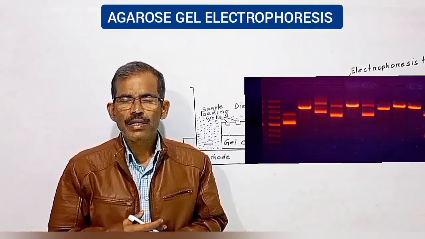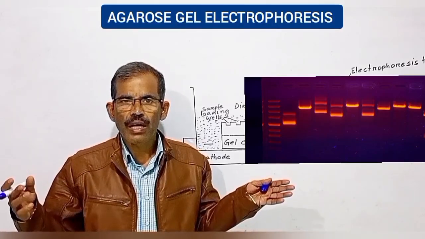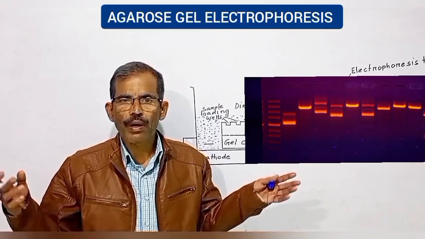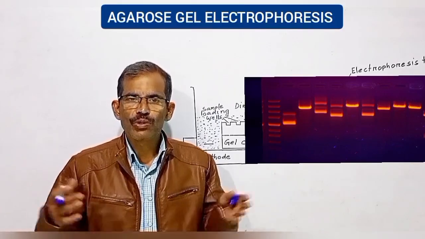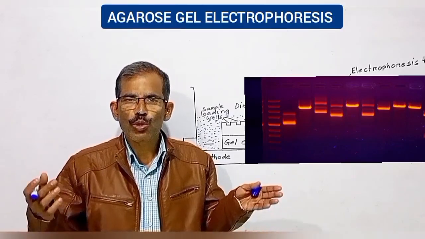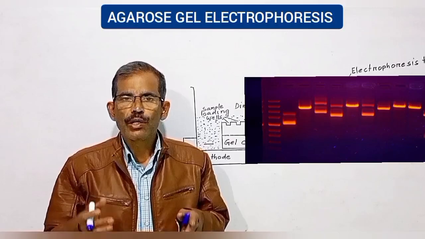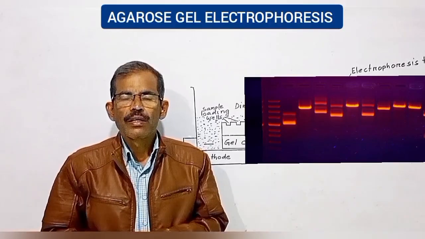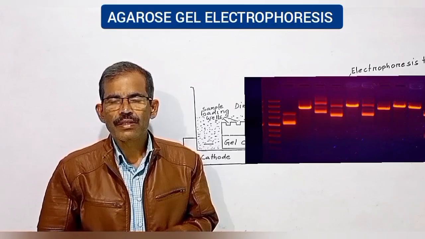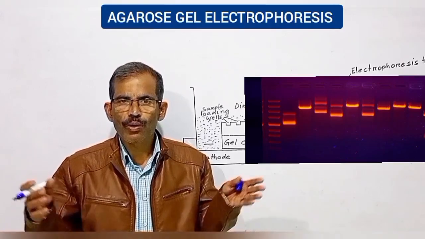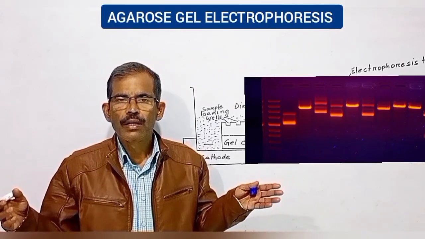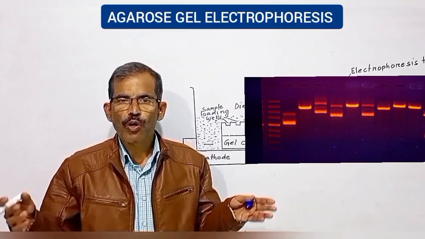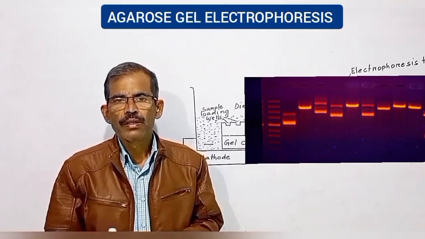Ethidium bromide interacts with DNA to form a complex which can be visualized as it shows fluorescence in UV light in a UV illuminator. Different DNA bands that are embedded at different locations in the gel can be seen as orange-red colored bands.